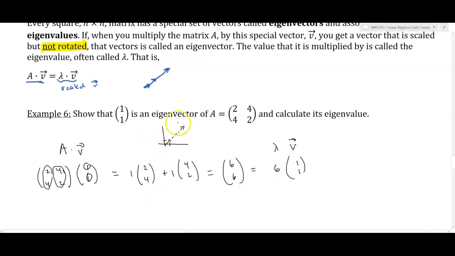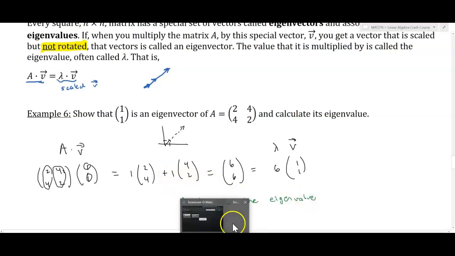All we did when we multiplied A by V is we noticed that we ended up with a longer vector. So lambda equals 6 is the eigenvalue. Sounds like a fancy name, but it is just a scalar. It's the scalar by which that vector gets multiplied when it's transformed.